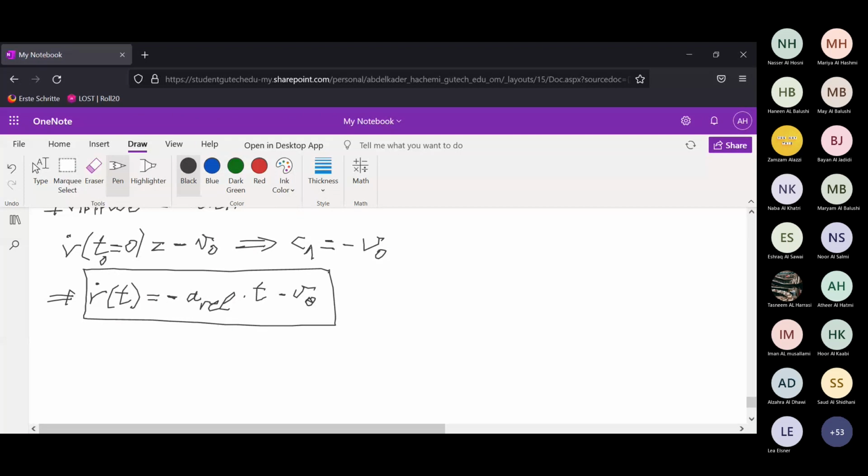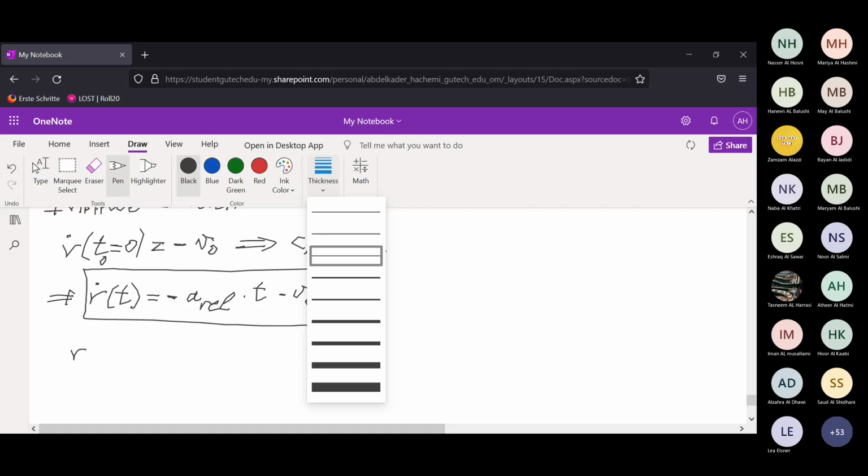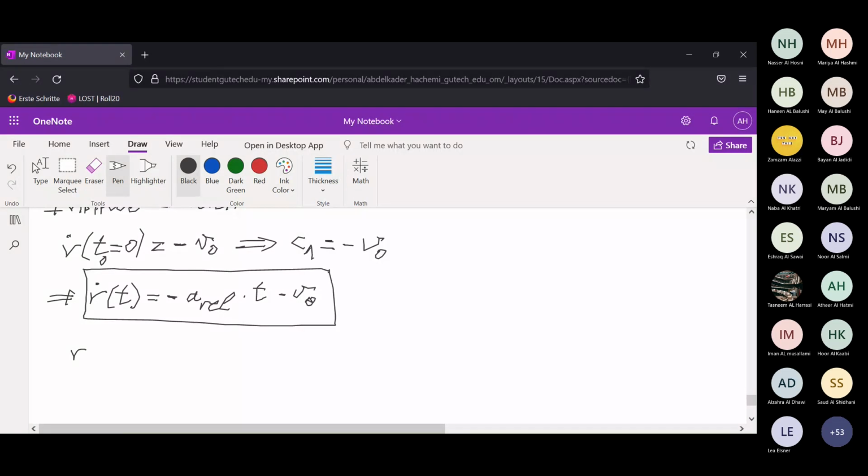Now we look at time t equal to 2 seconds, then we have r dot at time t equal to 2 seconds.